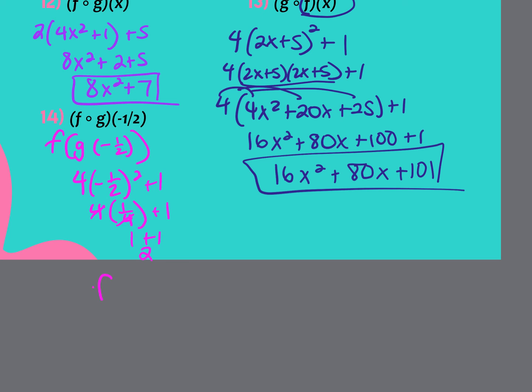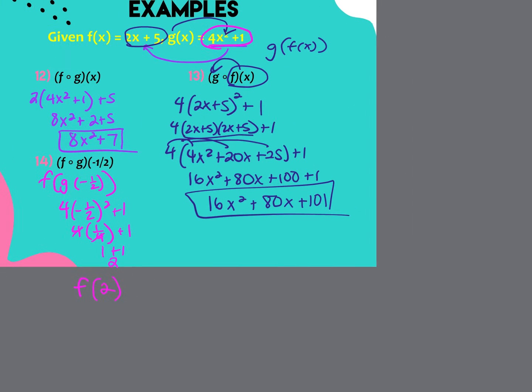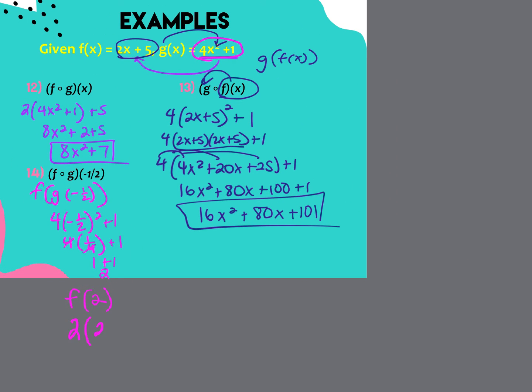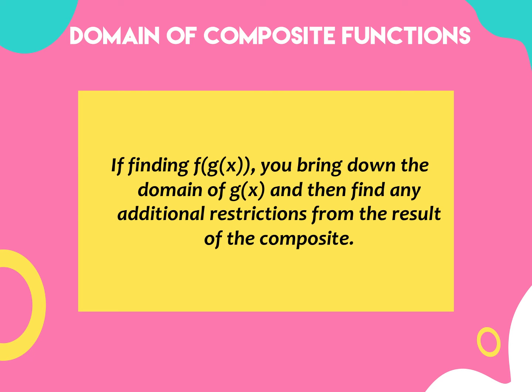Now I have to do f of 2. And f is 2 times 2 plus 5, 4 plus 5, which is 9. Everybody good? Yeah? Okay.